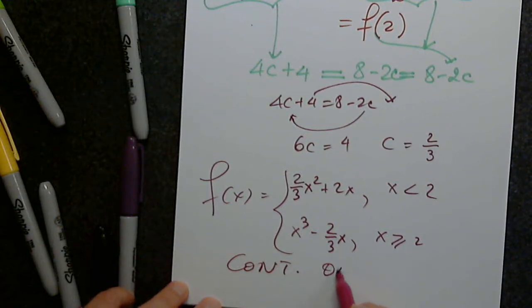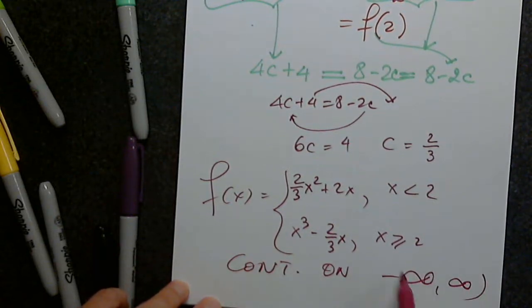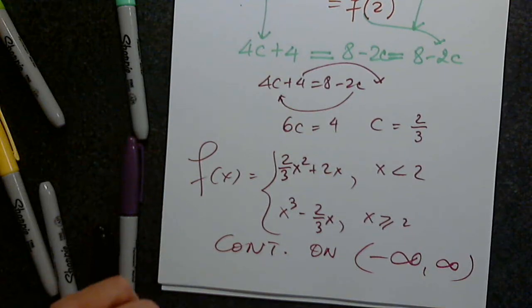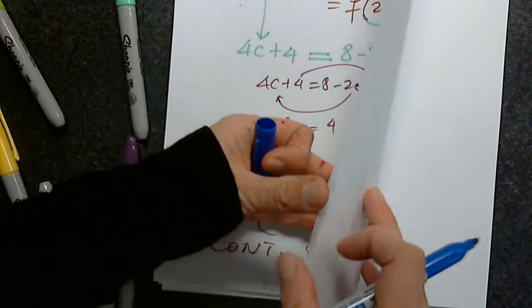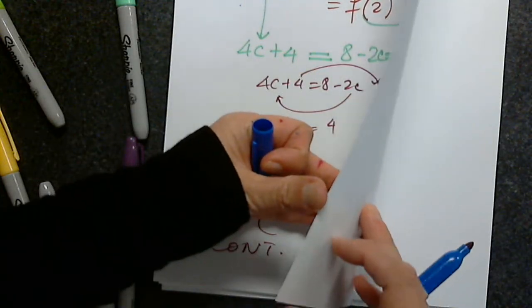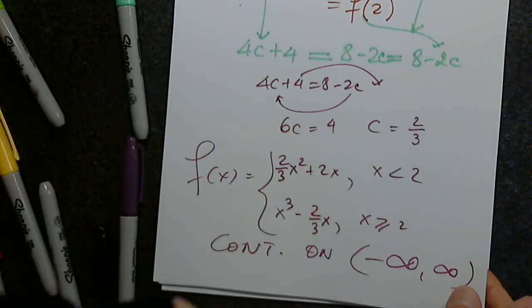Continuous now on negative infinity to infinity, which means continuous everywhere, because we determined the appropriate c. Any questions for me?